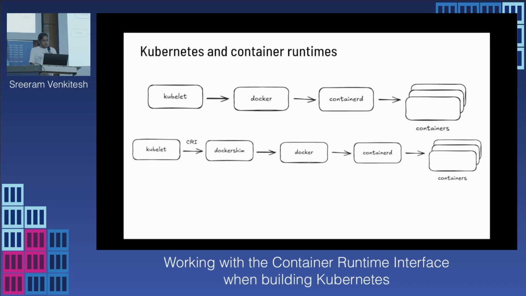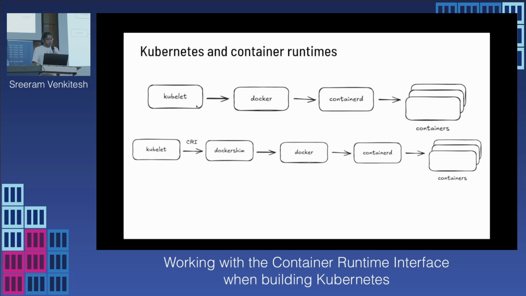So what they came up with, and when I say they, I mean the Node special interest group, the maintainers, decided to create something called the Container Runtime Interface. And the Container Runtime Interface lets you run Kubernetes with different container runtimes without having to build Kubernetes again.